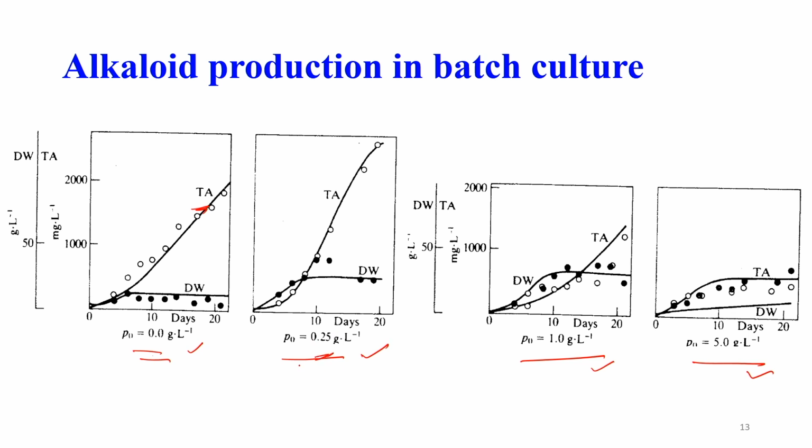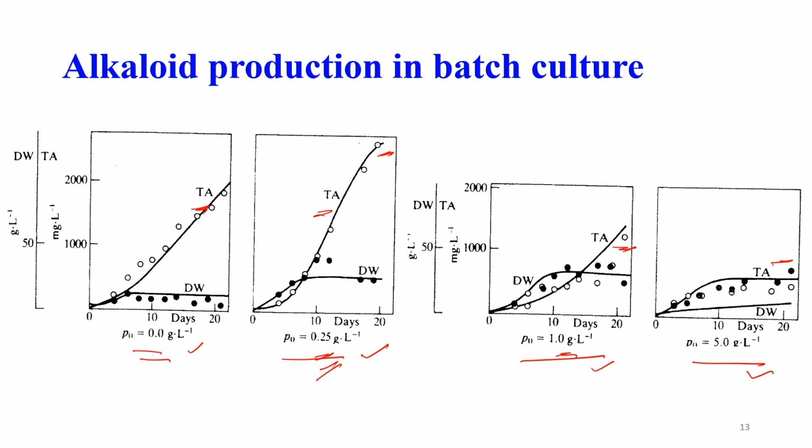So, in the presence of phosphate, the titer of the product has significantly increased. It says initially the phosphate is accelerating the product formation, but further, if you compare figure 2 with 3 and 4, when we have increased the phosphate concentration to 1 gram per liter, the alkaloid concentration has significantly decreased, and it has decreased further if I increase it further.